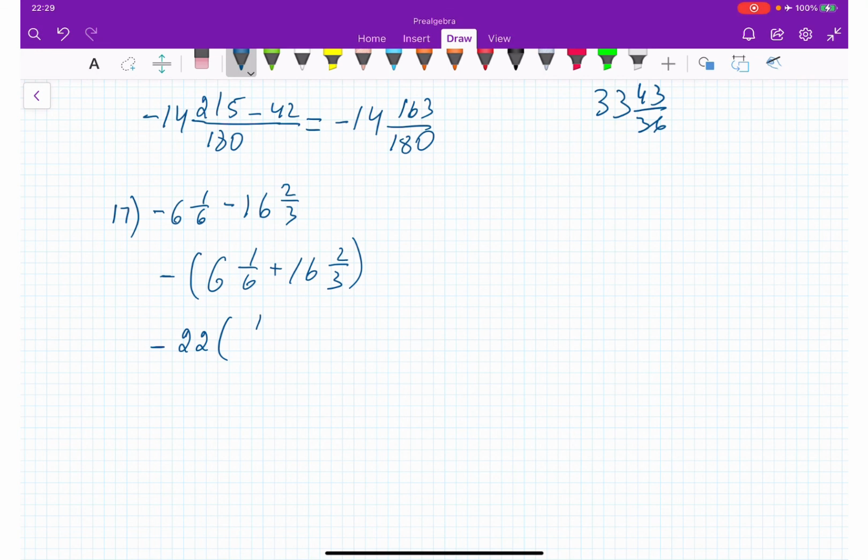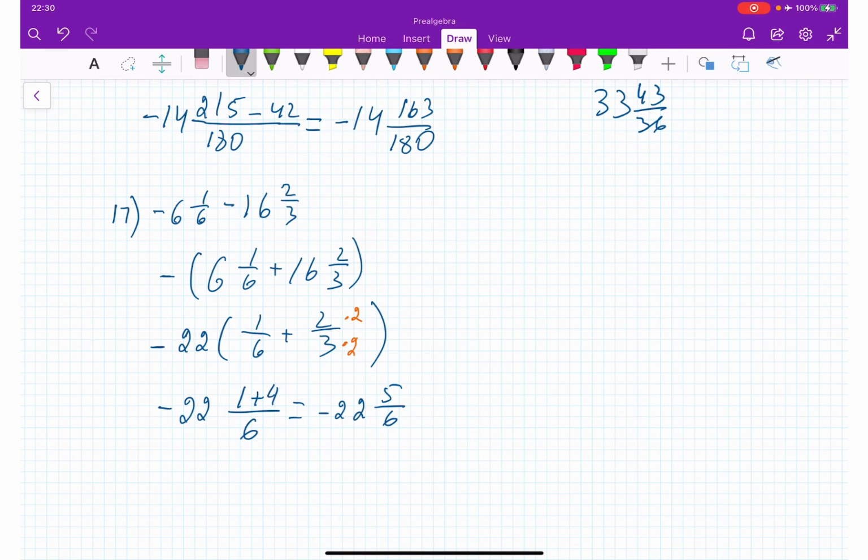And inside, 1/6 plus 2/3. 6 and 3, the common denominator is 6, which means here will be 2 and 2 to get 6, right? Here we have 1 plus 2 times 2 is 4. And the answer is negative 22 and 5 over 6.